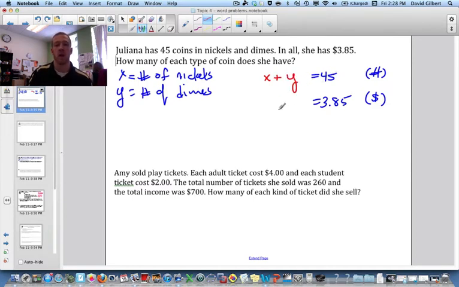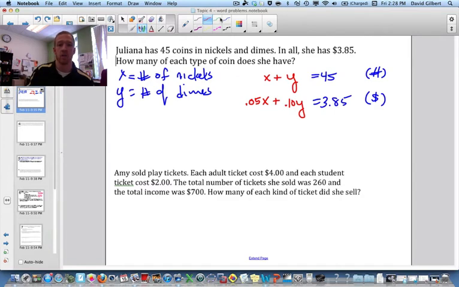That works. And then this one is money. The number of nickels times how much they're worth gives the total money from nickels, plus the number of dimes times how much they're worth gives the total money from dimes.